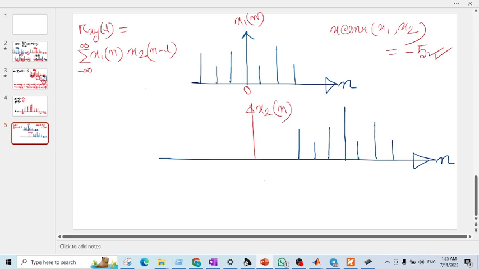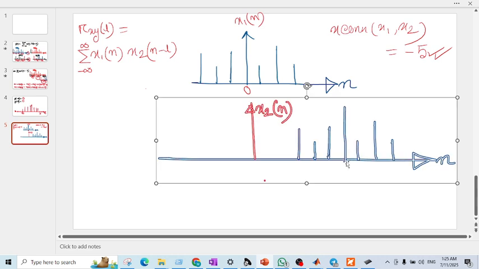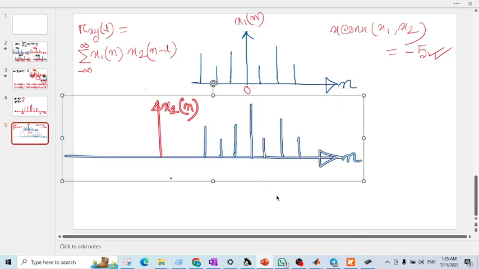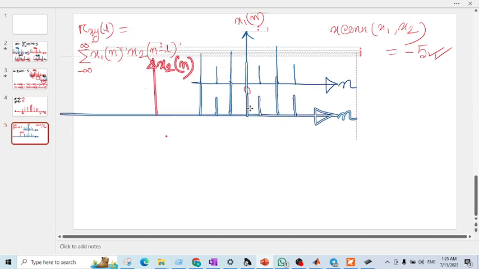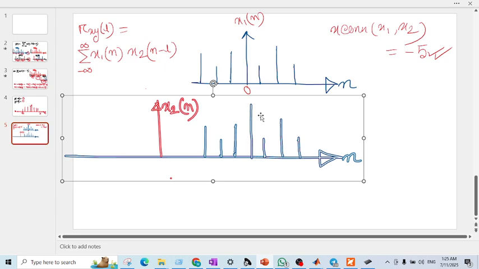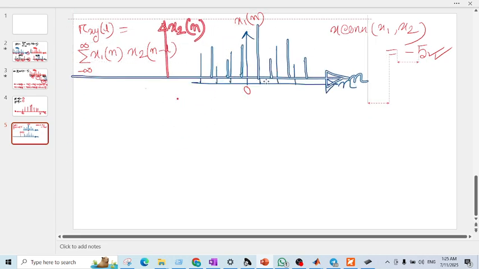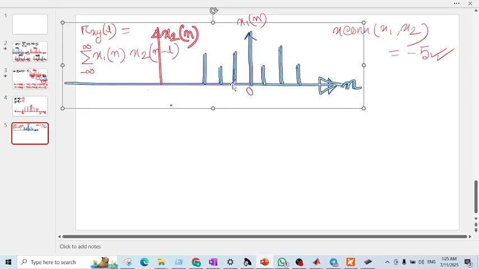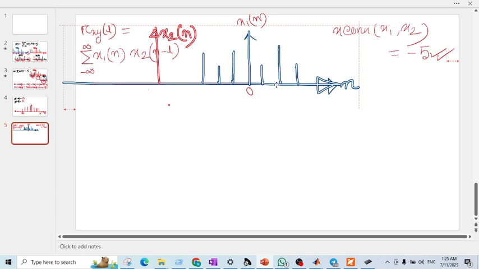That means if I shift this x2 signal 5 to the left, then I will get this. And you see, if I multiply these two signals, as you have a multiplication in the formula, I will get the highest point, right? So that's why I get the peak at -5.